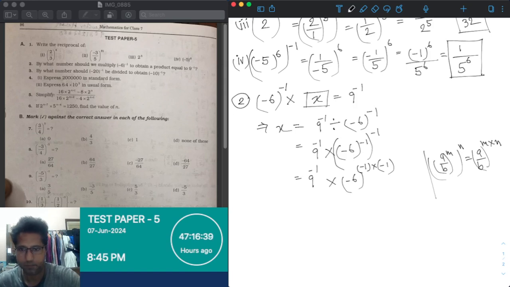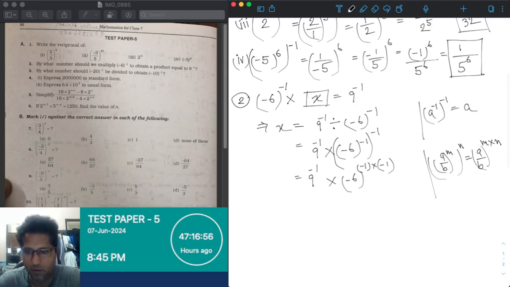You know this. And also in the second step we know that the reciprocal of any number, again if we take a reciprocal, this is nothing but a.